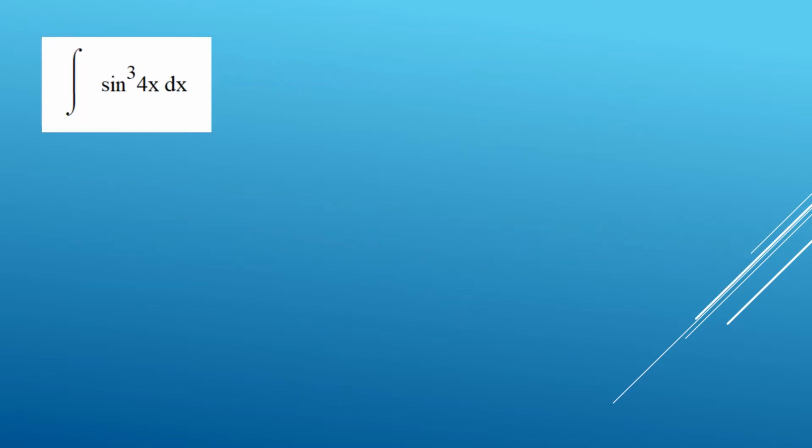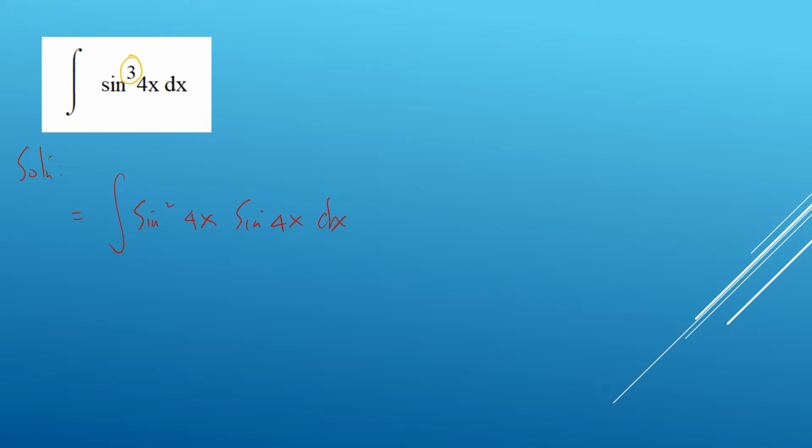Let us now try to evaluate the integral of sine cubed 4x dx. Here we see that the exponent of sine is 3, a positive odd integer. So what is the rule? We shall factor out sine 4x. So we write sine cubed 4x as sine squared 4x times sine 4x dx.